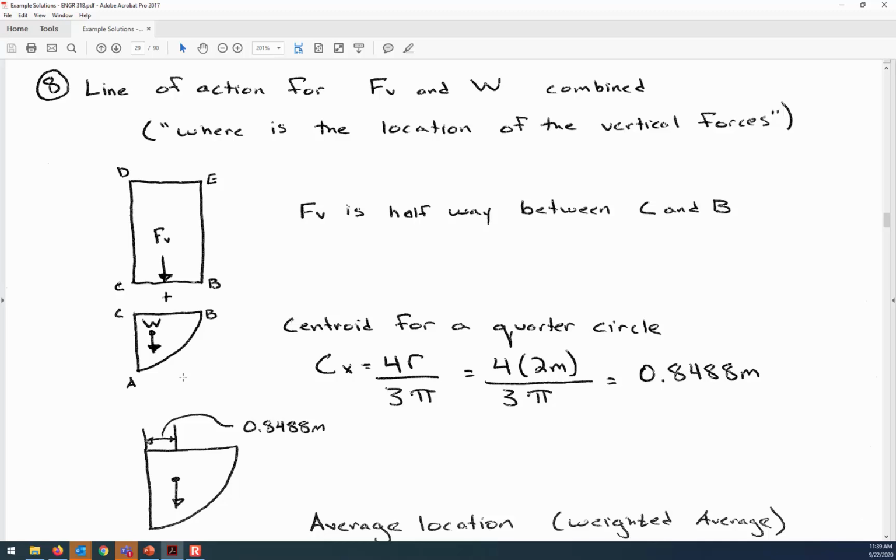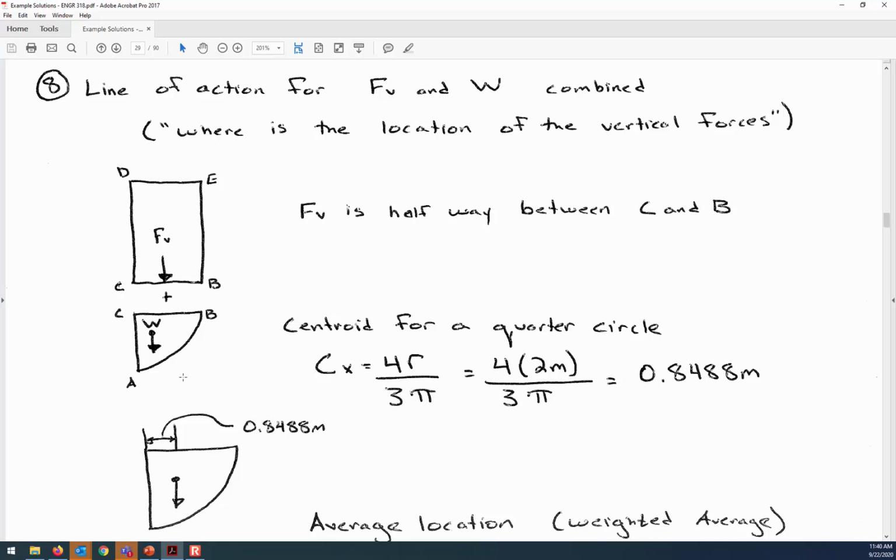And so now we have to find an average. Before I talk about the average, does anybody have questions about the location for FV or the location of W? All right. So how do you average two locations?